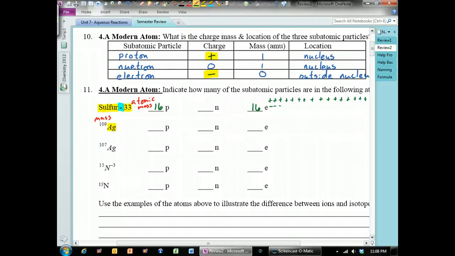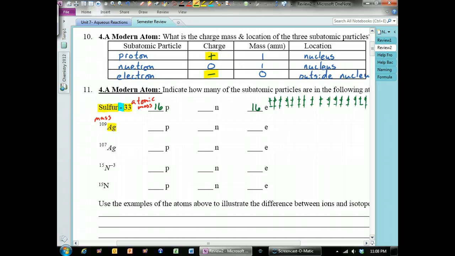The electrons have no mass. So even though there's 16 of them, they really have no significant mass. So the mass is 33. 16 of that mass is due to the protons, but the rest is due to neutrons.